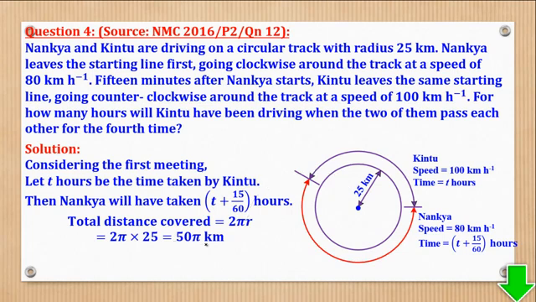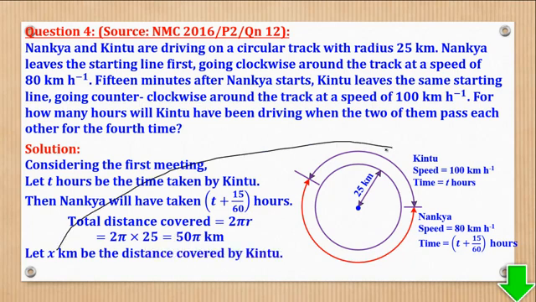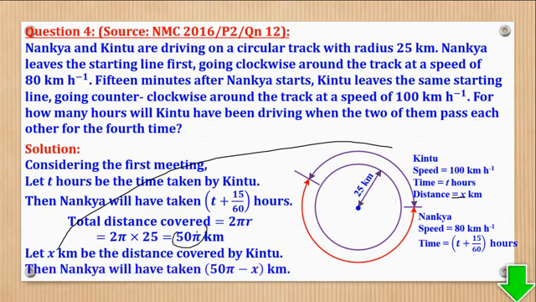Do you know what that means? It means that if Chintu covers a distance of x kilometers, then Nancha will have to cover the remaining distance. So here the distance is this. Therefore, the one for Nancha will be the balance, which is 50 pi minus x.